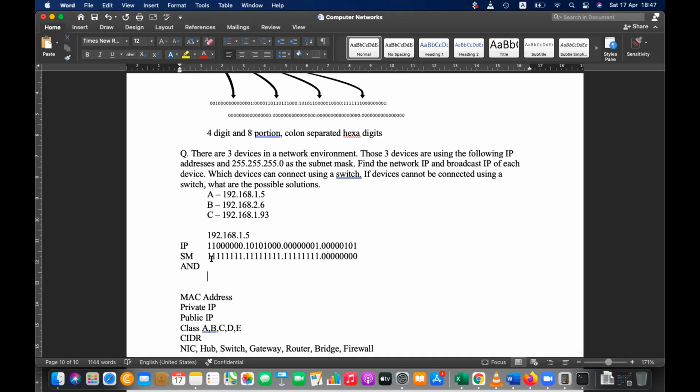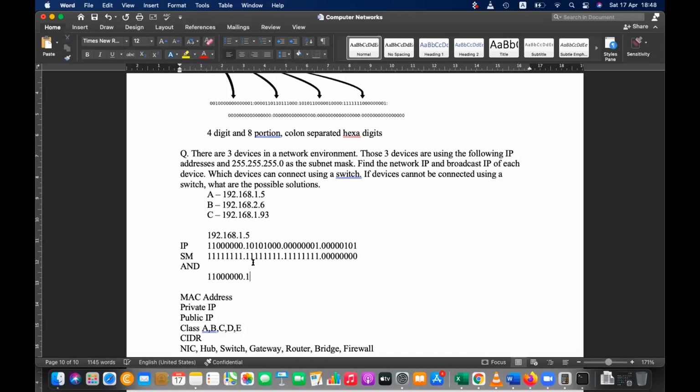1 and 1 is, yes, what happens in an AND gate? 1 and 1 is 1. Okay, the second, 1 and 1 is 1. Then 1 and 0 is 0. Then all these become 0. So 1 0 1 0, here 1 1 1 1.